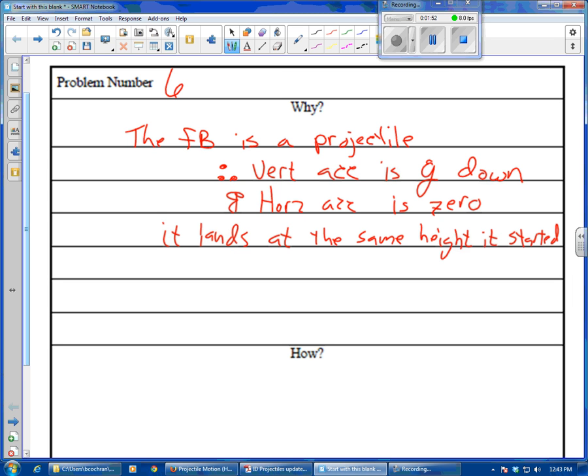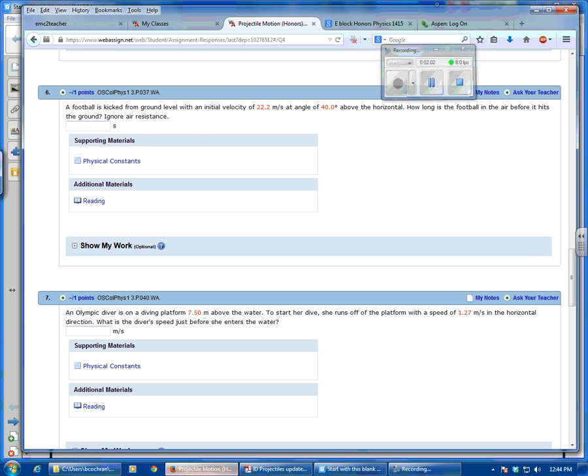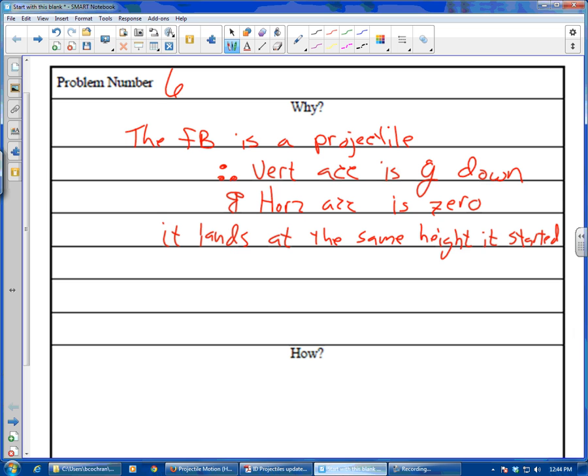I'm just trying to think of what they asked me to look at, and they want to know how long is the football in the air before it hits. Okay, so they're looking for the amount of time. As soon as I think about it landing at the same height that it took off at, I start thinking how symmetrical it is.